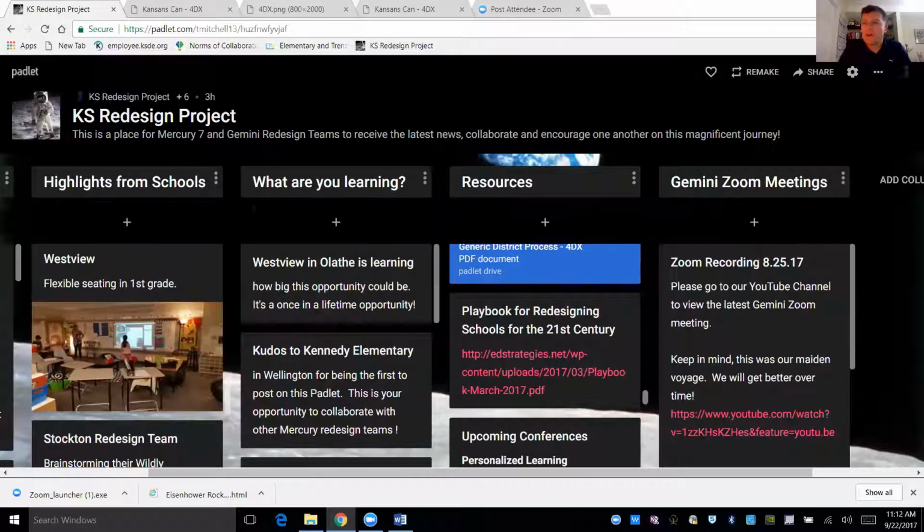One thing before we go: if you want to, in the chat, or if you want to unmute and talk, what are your next steps? We know that the timeline is different for the Gemini schools, but some of you may be lightning fast and already moving forward, or you may need more support or resources from us to move forward.